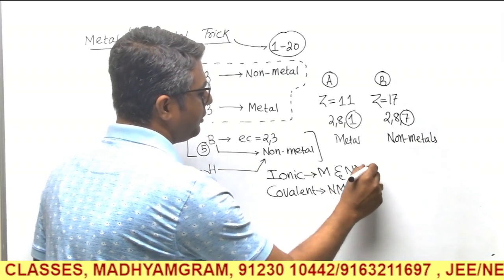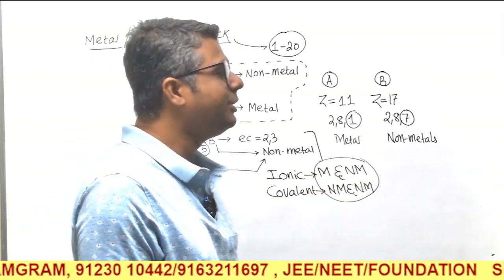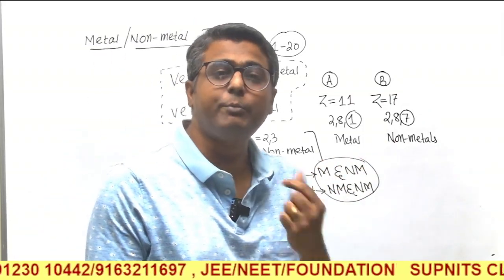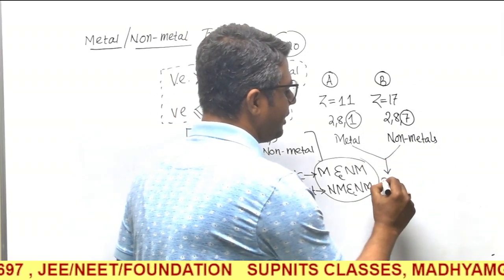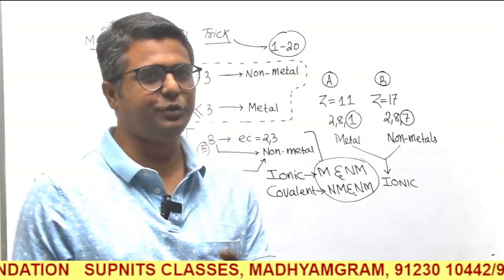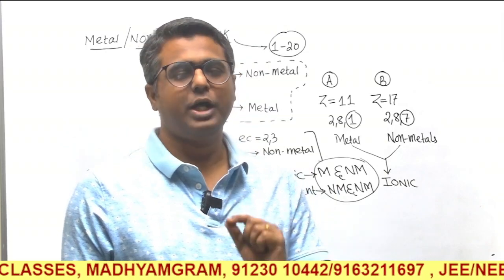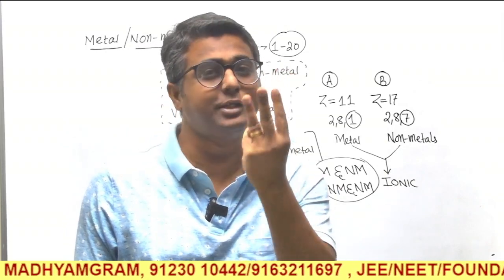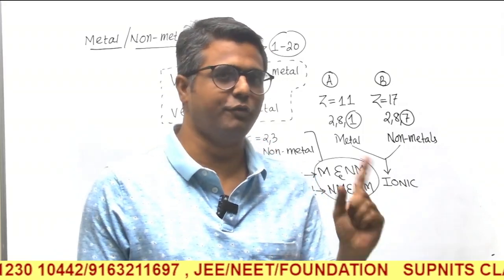So when this is metal and this is non-metal, the type of bond between them will be ionic. So now we know how to find out metal and non-metal, and we know how to answer the third question, whether the bond is ionic or covalent.